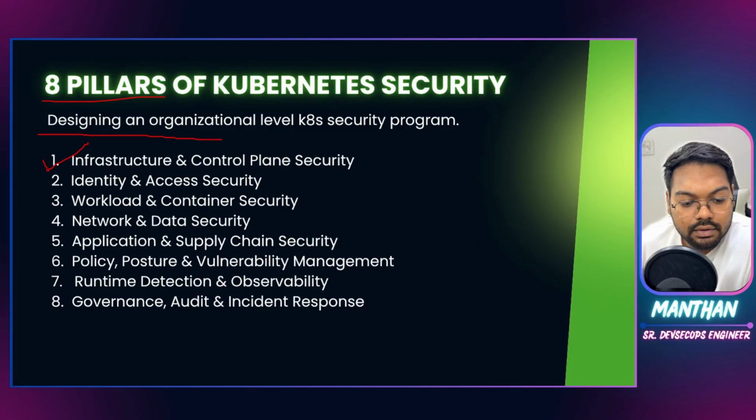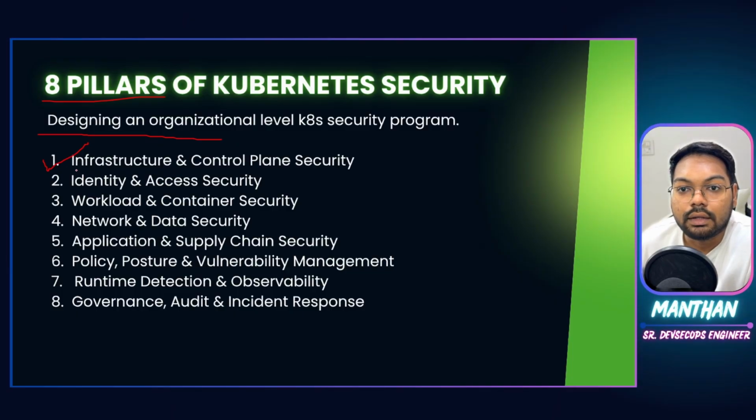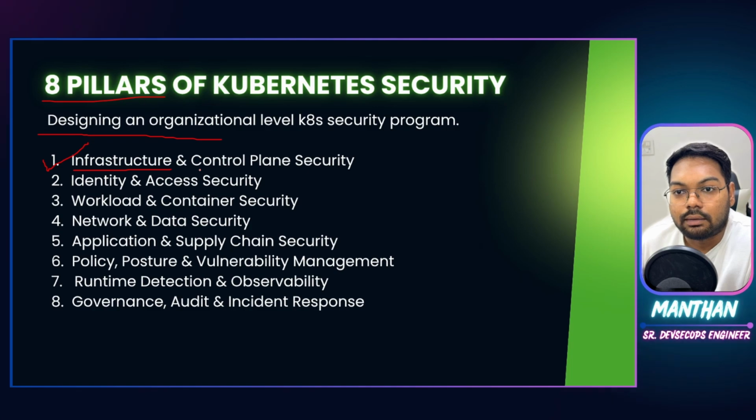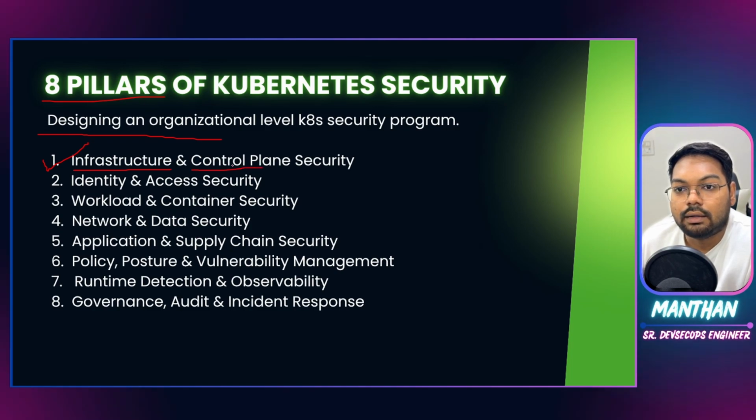So the very first is infrastructure and control plane security. Here we have either EKS or node instances, AWS instances, that we use for building the cluster. How do we secure that? That is one thing. Then there are different security groups along with it, and the network pathway routes that we create.